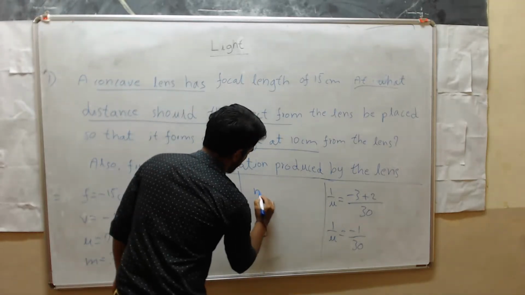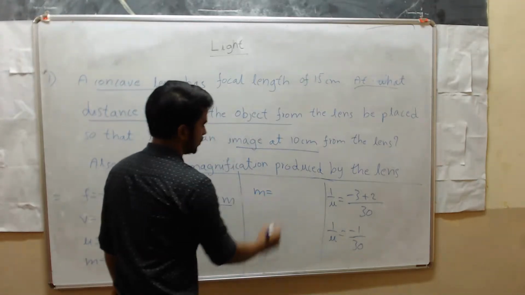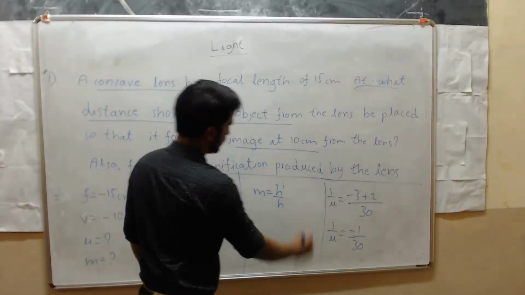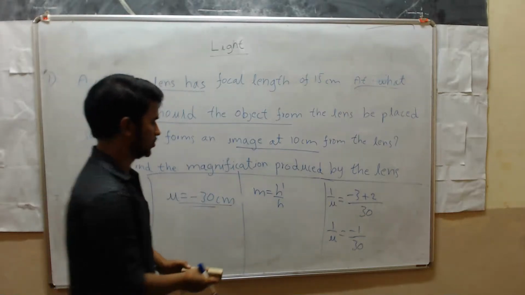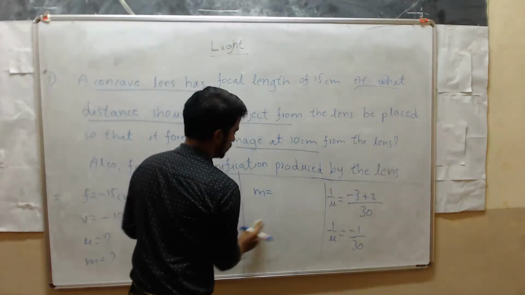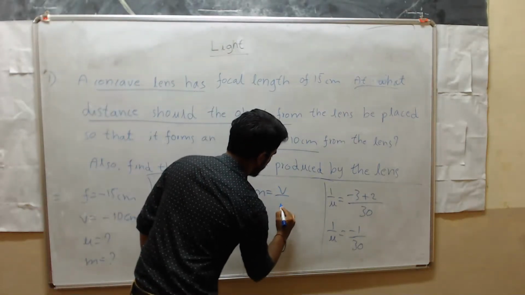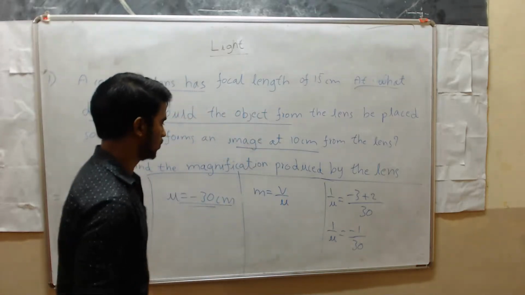Magnification. Yeah, we know the formula m equal to h dash by h. But here we can't use this one because we don't know h dash and h. So better go with m equal to v by u.